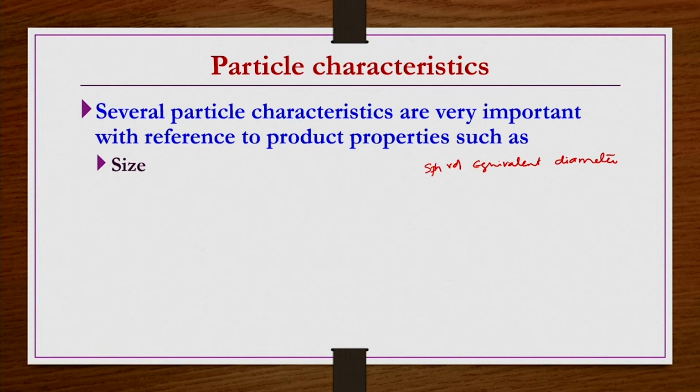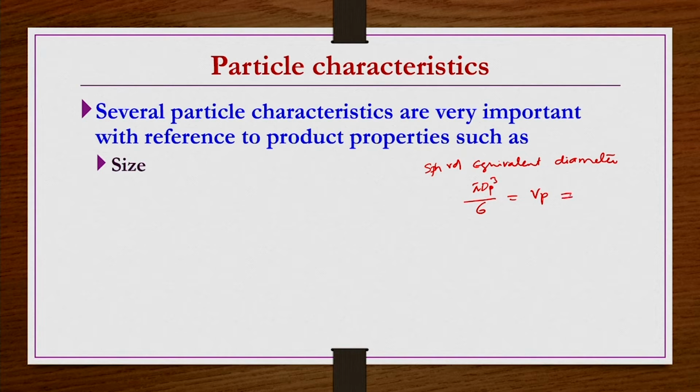What we have done here is we have measured the volume of the irregular shape particle, whatever irregular shape particle is there, and then we equated that volume to a spherical particle of size dp whose volume is the same as the particle. That is, the spherical particle that has a volume equal to the volume of the particle, right. So, the size of that spherical particle is dp.